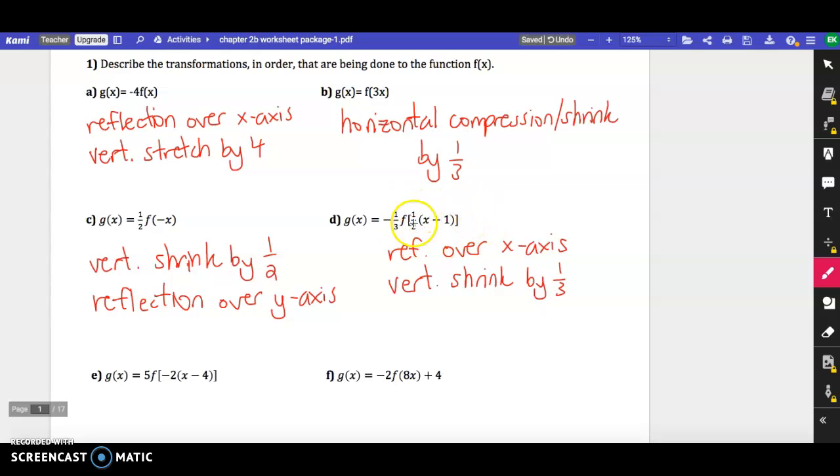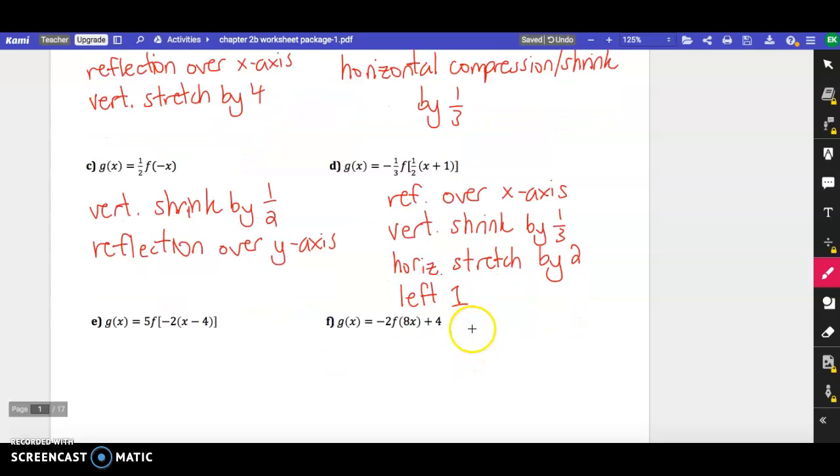So that's how my 1/2 is inside of my function. So that 1/2 inside actually means a horizontal stretch by 2. And then an x plus 1 that's still inside is actually left 1. You could say a horizontal translation, you could say a horizontal shift left, you could just say left 1. Those would all be accurate ways of describing that.